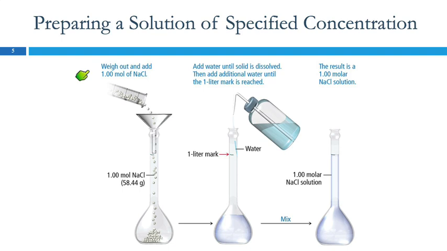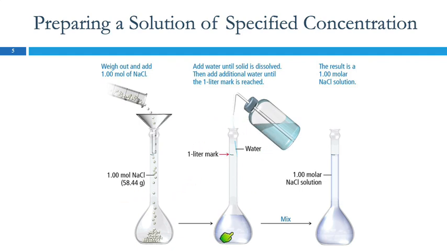So here we're going to make a 1 molar sodium chloride solution, meaning there's 1 mole of sodium chloride per liter of solution. So we weigh out 1 mole of sodium chloride and we put it into the flask. It's often easier said than done, but they're just pouring it in. So 1 mole of sodium chloride would be 58.44 grams.